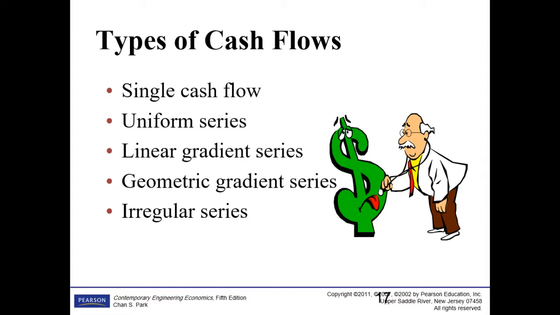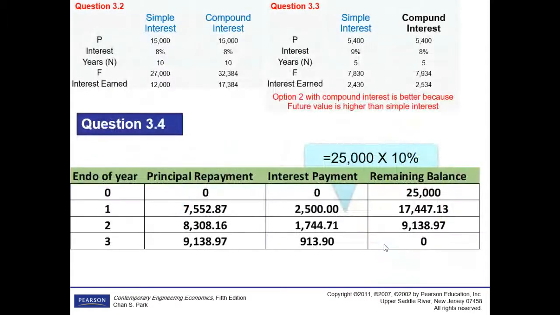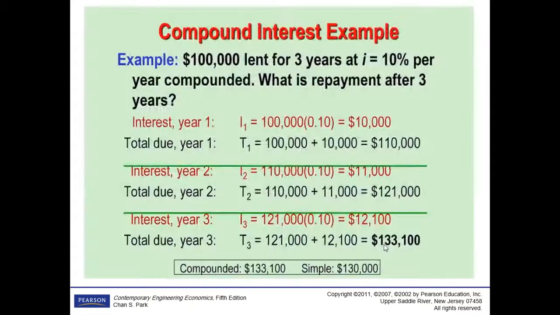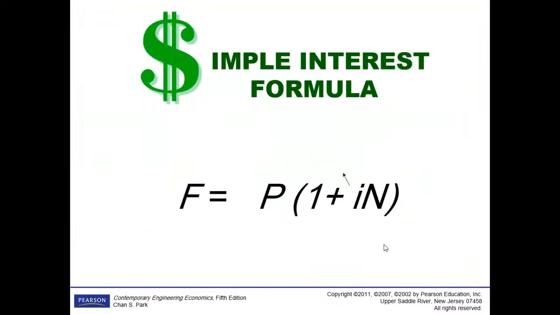What formula should I use to solve this question? Remember this formula? You have two. See here, if it is simple interest, you will use this rule. We don't know what this rule is yet, right?